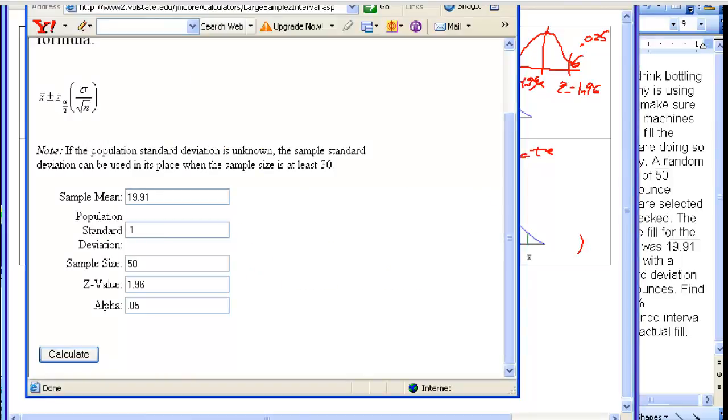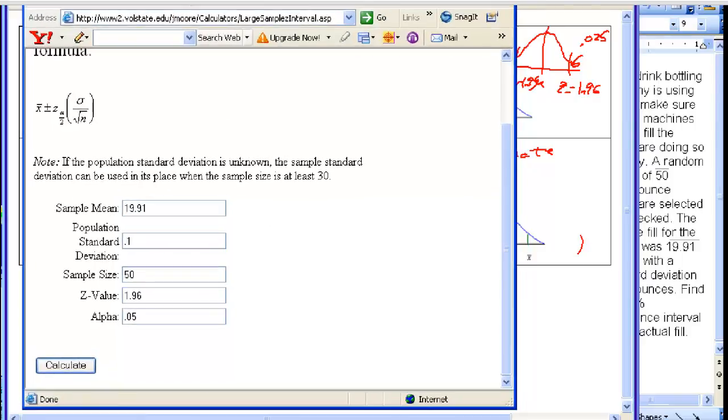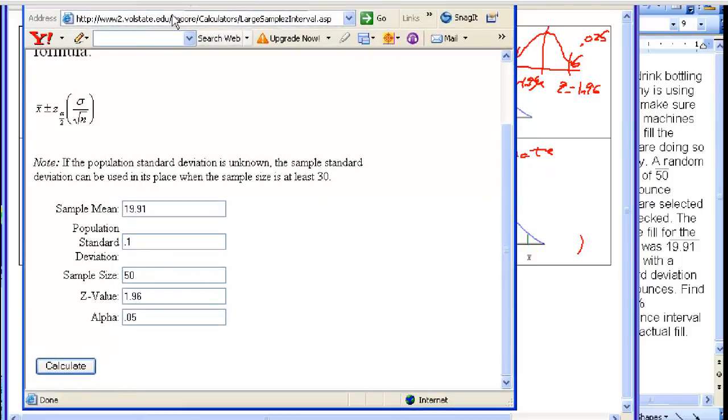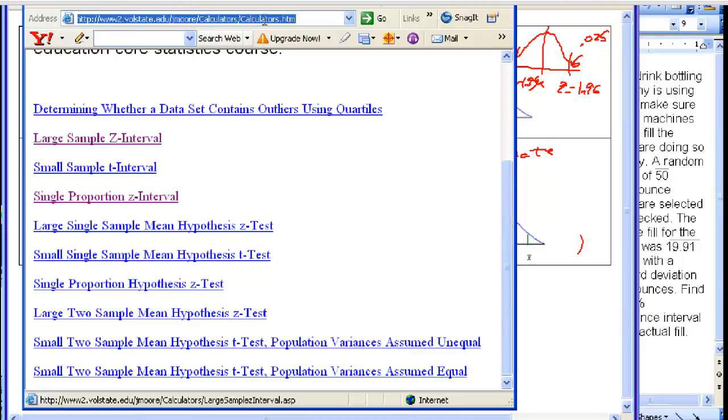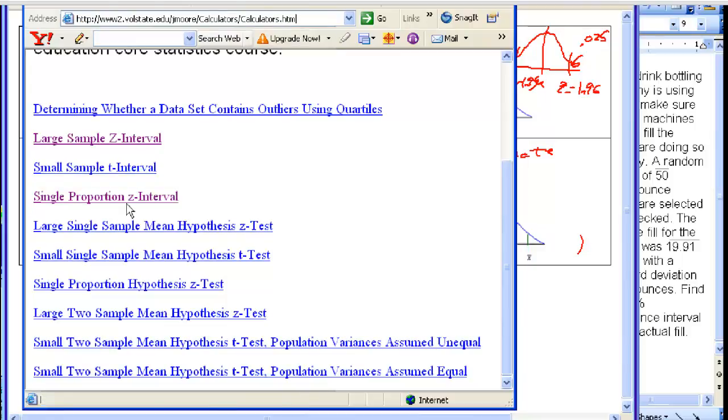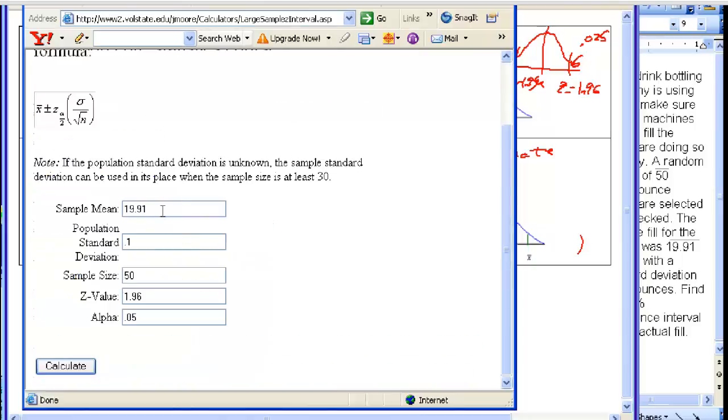We can also go to www.volstate.edu/jmore/calculators/calculators.htm, and then click on large sample z interval, and then plug these numbers into the boxes here. The sample mean is 19.91. Standard deviation is 0.1.